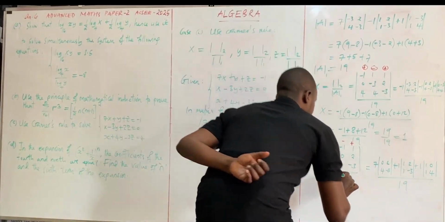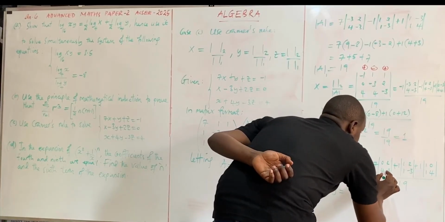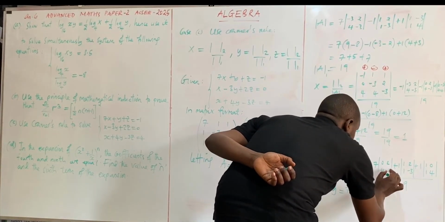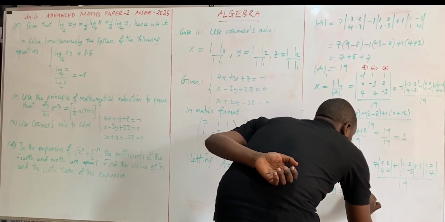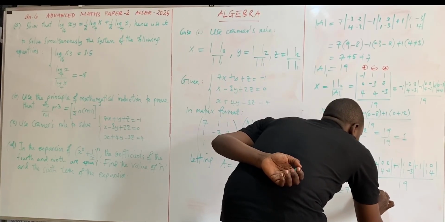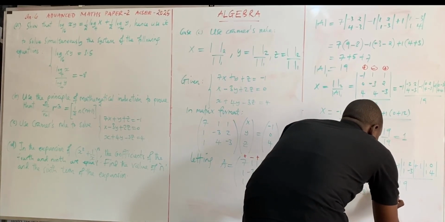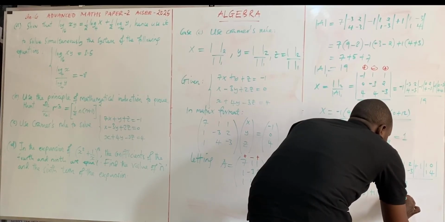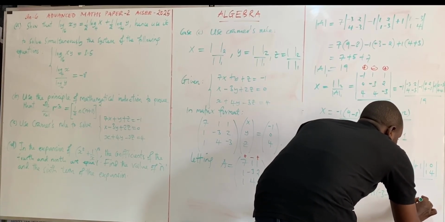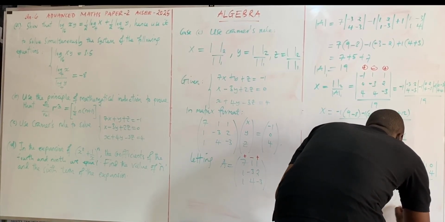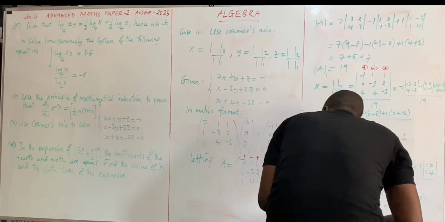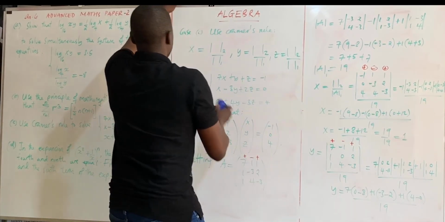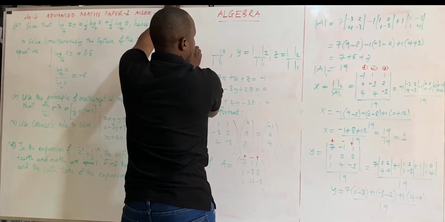So from there, y becomes, here is 7 brackets, 0 minus 8, we plus 1, -3 minus 2, we plus 1, then 4 minus 0, over 19.